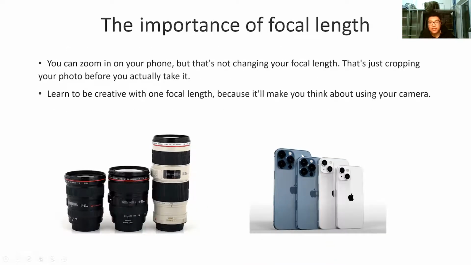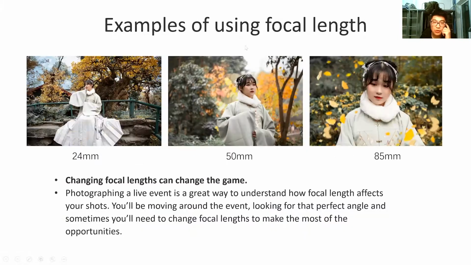But in the right image, we have these phones here. It has 3 cameras. Yes, every camera has a fixed focal length. So maybe this one is a wider angle, this one is a telephoto camera, and this one is a normal lens. When you use your phone, you can switch from this camera to this camera and then to this camera.